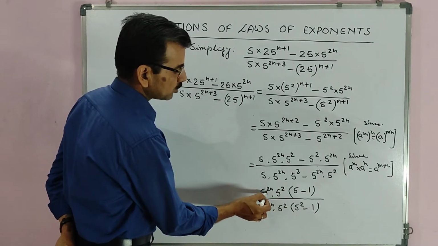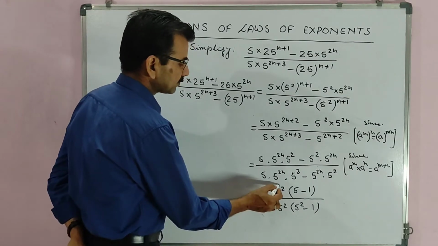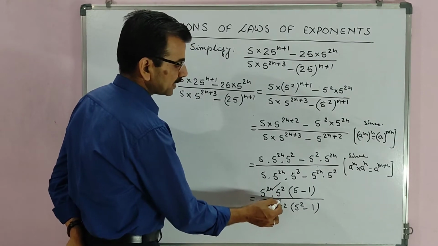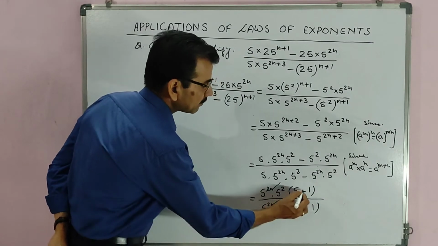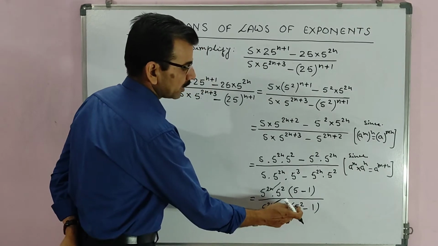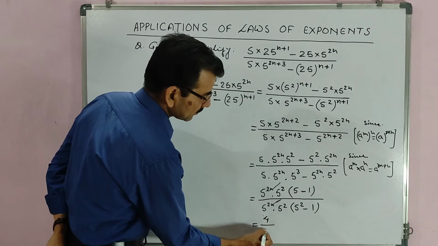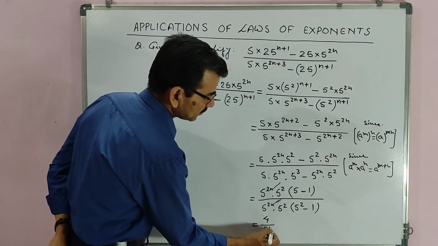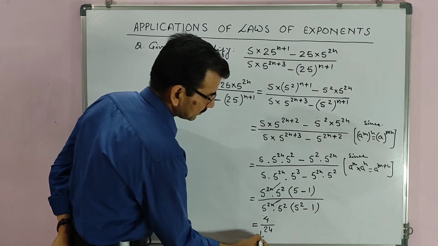Now cancel it. This 5 raised to power 2n, 5 square from numerator denominator, we can cancel. Yes, cancel it is. Use pencil for this. Again I am telling. 4, 5 minus 1, 4 upon 25 minus 1. 5 square, 25 minus 1, 24, and this we can write here as 1 upon 6.